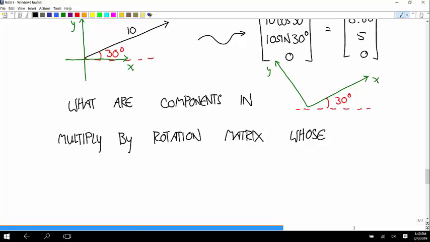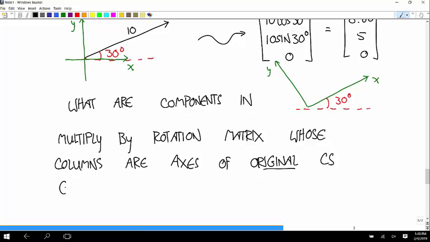We want to multiply by a rotation matrix whose columns are the axes of the original coordinate system expressed in the new coordinate system.